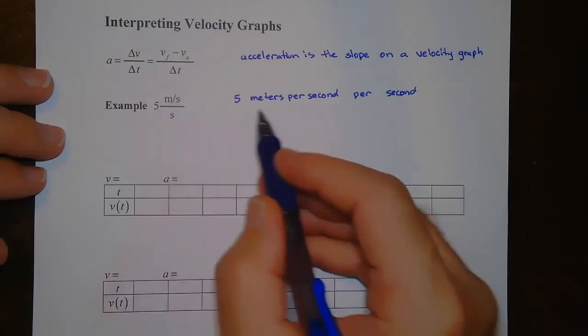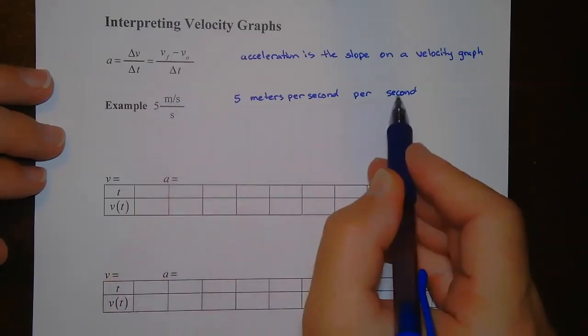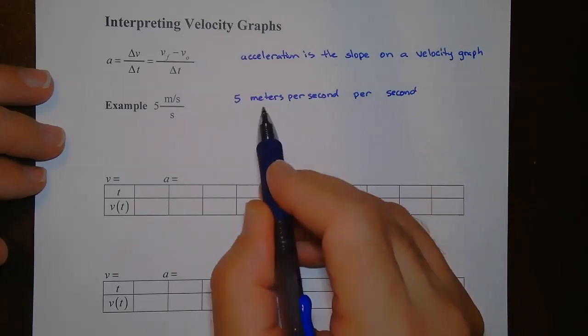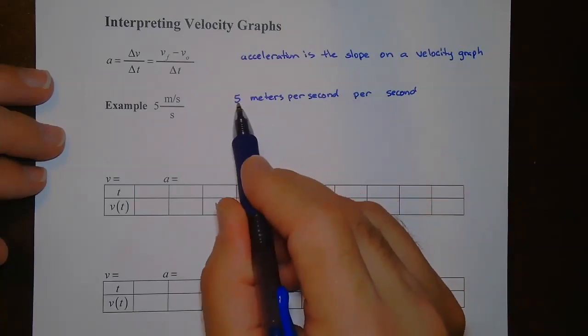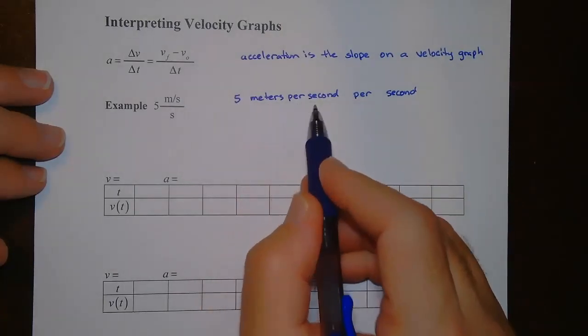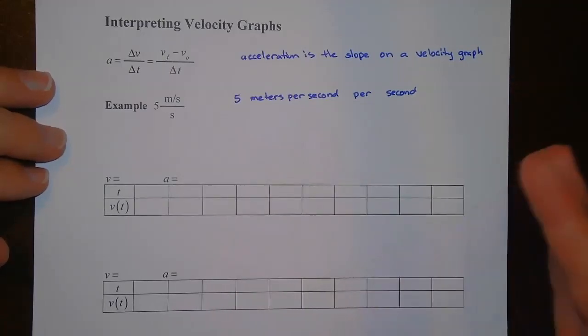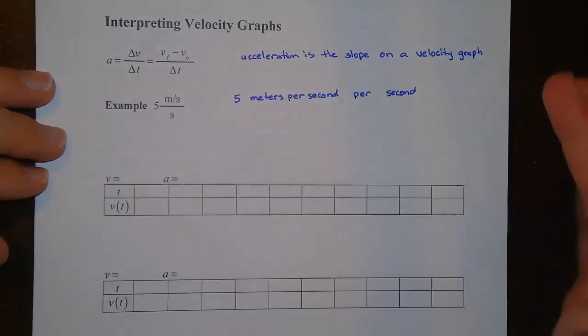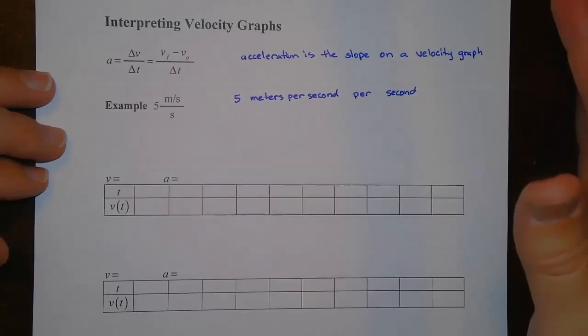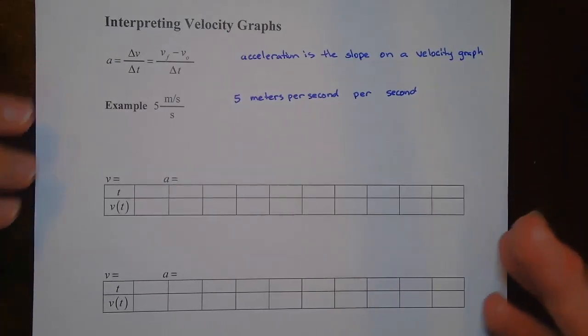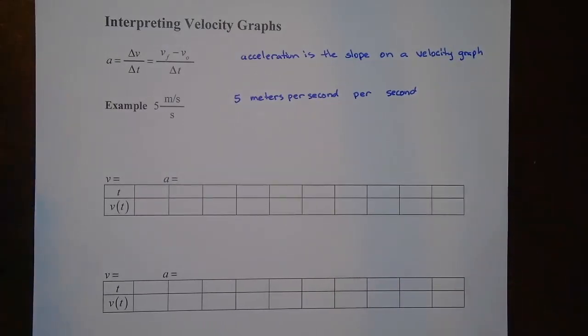What this means is that every 1 second, the velocity is going to go up 5 meters per second. So 1 second later, it's 5 meters per second faster. Another second goes by, it adds another 5 meters per second. So what acceleration does is it either adds velocity or removes velocity from an existing velocity.